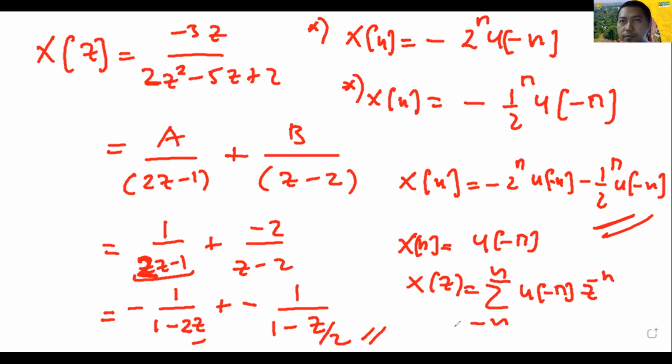And then from these expressions, due to the un here, the threshold is changed, so it's z minus n, z minus n.